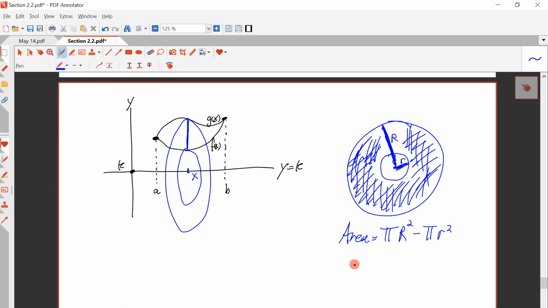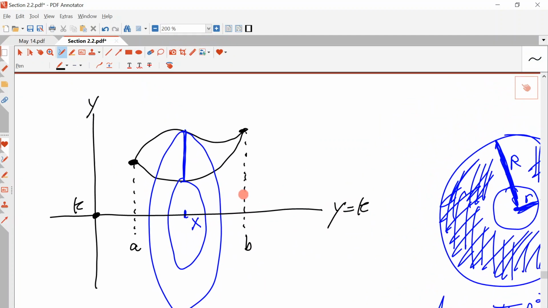In this picture here, the large radius is the distance from here to here. Right? It's g minus k. So let's put those in there: y equal to g of x, y equal to f of x, y equal to k.